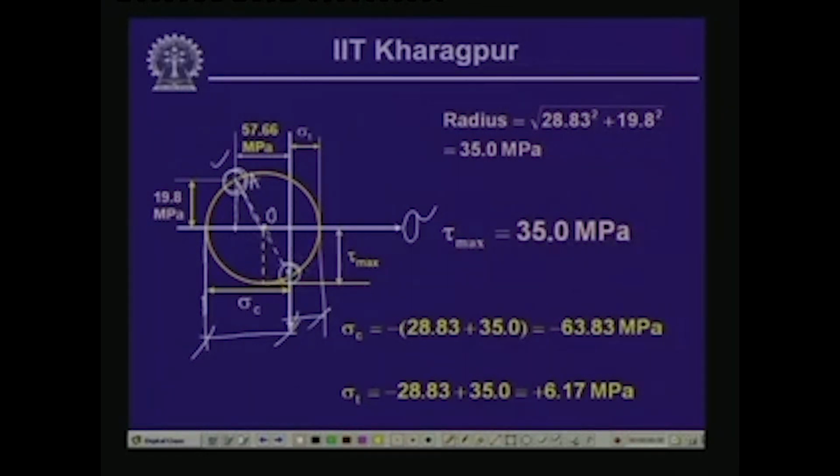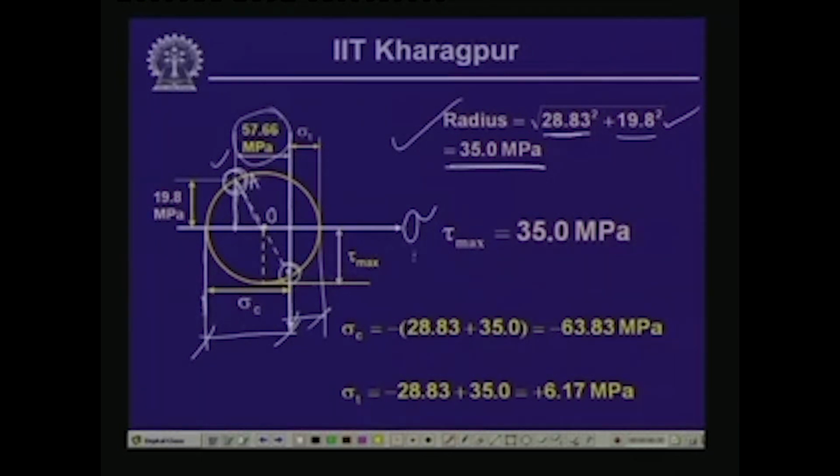Now, the value of the radius OA is, as we have seen, from half of 57.66 and 19.8. 57.6 divided by 2 gives 28.83, that squared, plus the vertical distance 19.8 squared. This gives the value of the radius, which is equal to 35 megapascal. So, this is the radius of this Mohr circle.